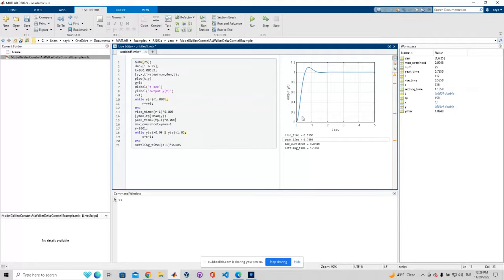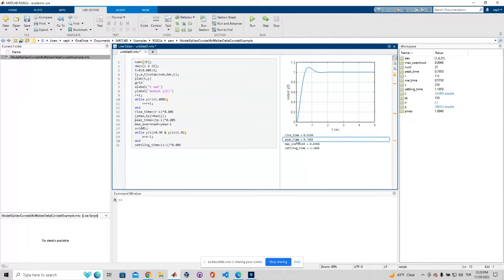So the time it takes from 10% to 90% will be our rise time. It is around here, so the time will be something like 0.5. Yeah, we define it as 0.55.